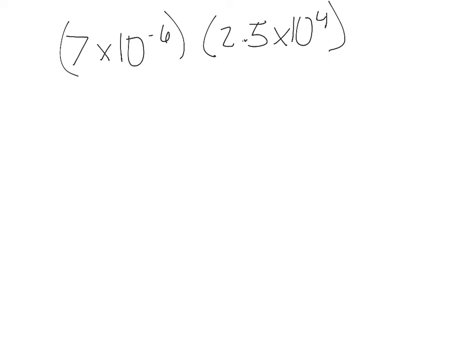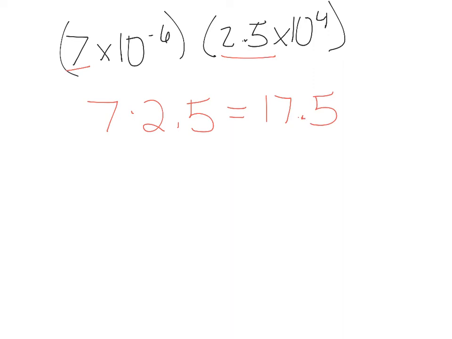So you're going to do this in multiple steps, okay? What we're first going to do is multiply our regular numbers. So we're going to do 7 times 2.5, and 7 times 2.5 is 17 and 5/10.